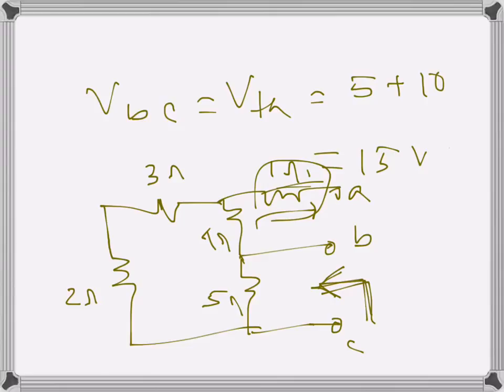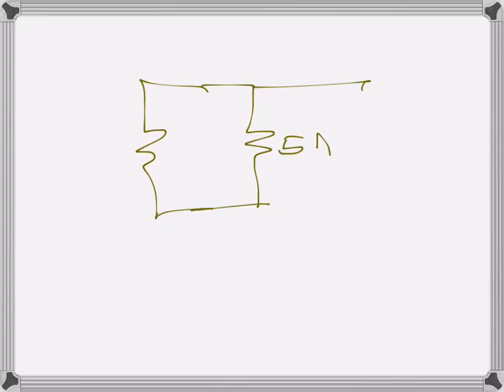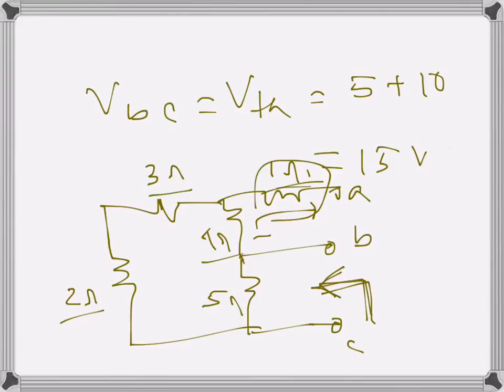So what we have now is 4 plus 3 plus 2. These three resistances are in series and then become parallel with the 5 ohms resistance. So 4 plus 3 plus 2, that's 7 and 9.